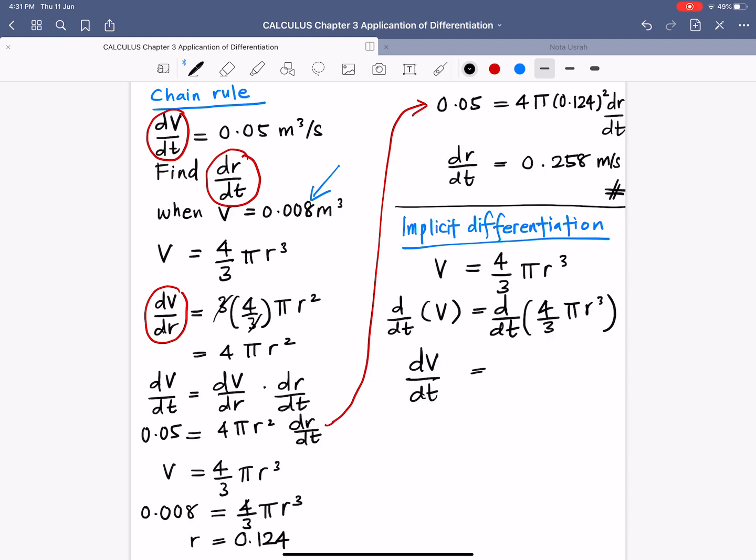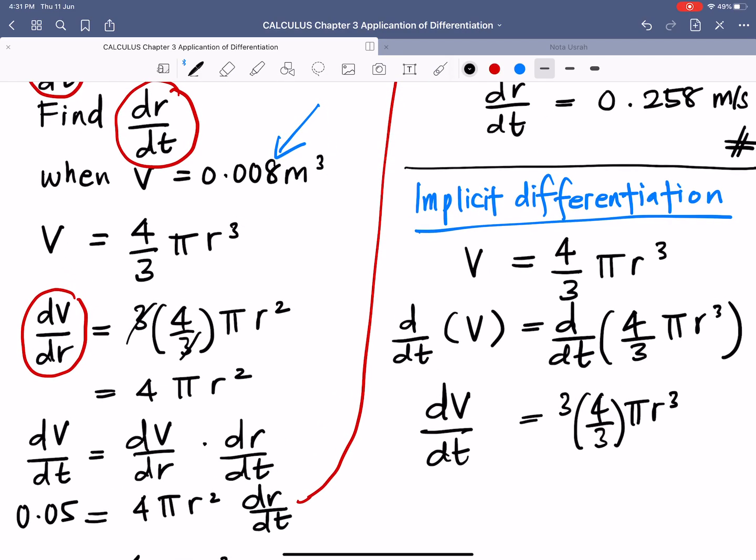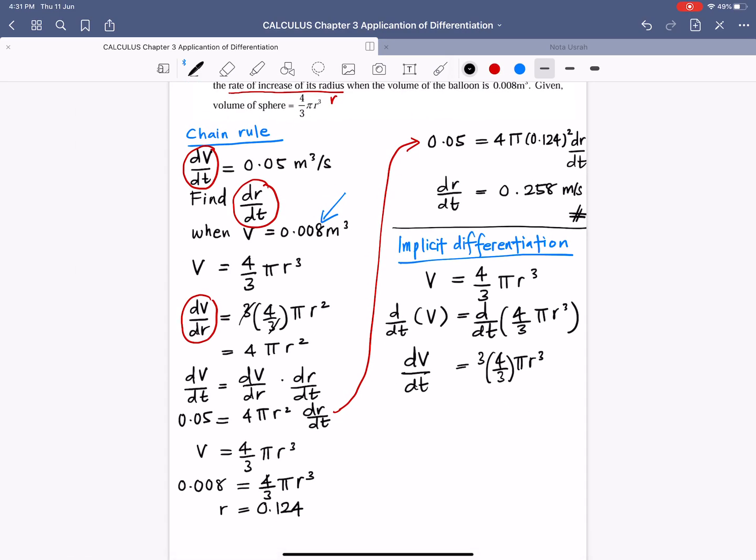So you differentiate the expression as usual, as you would with respect to r. So we have 3 times 4 over 3 pi r squared, and then because we differentiate with respect to t, you will have times dr/dt.